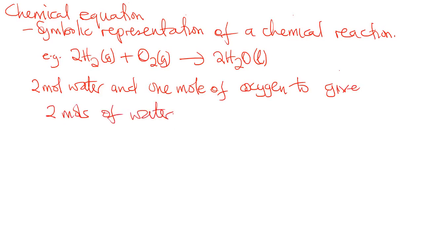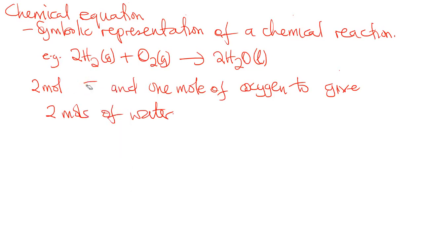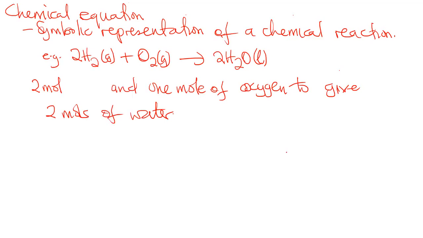Let me make a correction: here it's not water, it's hydrogen. So we are reacting 2 moles of hydrogen gas and 1 mole of oxygen to give us 2 moles of water.